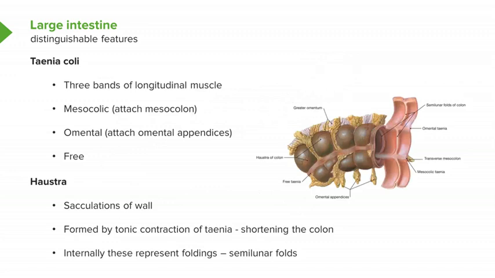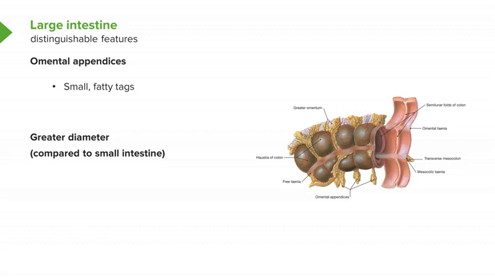And here we can see we've got some details of what I just explained. We've got the three different bands of tenia coli, the mesocolic, the omental, the free. We've got these longitudinal bands of muscle creating these haustra, these sacculations, and internally creating these semilunar folds. And also I mentioned these small fatty tags, these omental appendices.